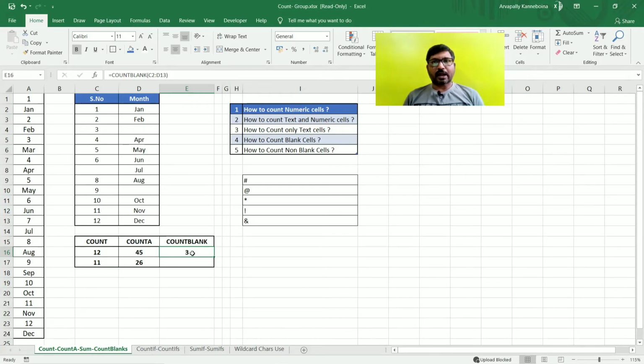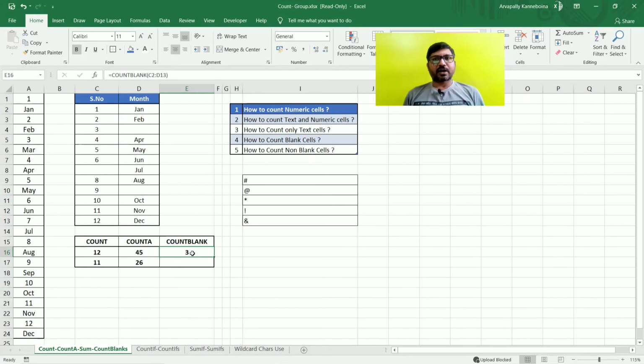So you have to find which formula we can use. You have to find the situation when we use a count formula, when we use count A formula, and when we use count blank formula. Count formula, we use to count the number of numbered cells only in the specified range, that is right.